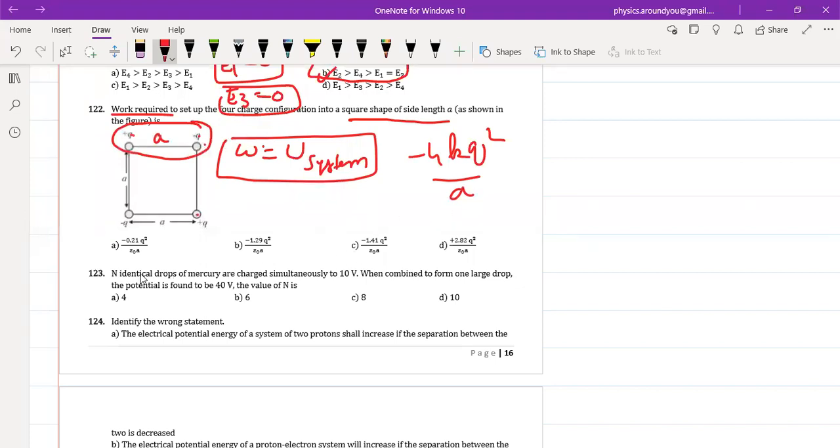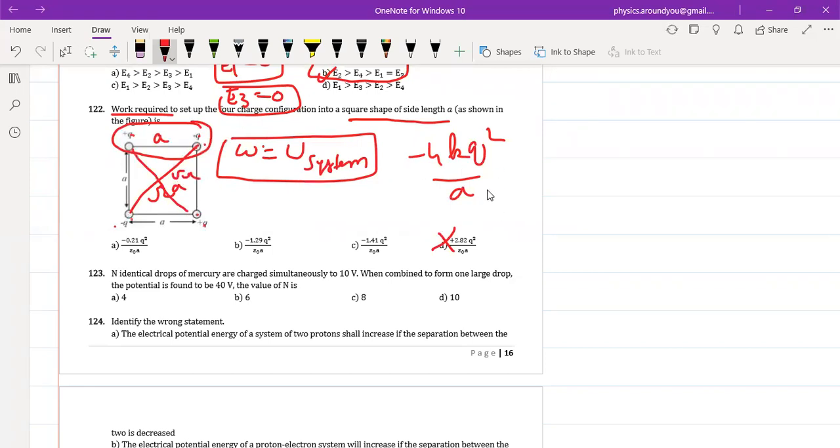The option should be in negatives, right? So I can eliminate D. Either it is A, B, or C. And then there is more. It is K into minus Q into plus Q by root 2A, plus K into plus Q into minus Q by root 2A, plus K into plus Q into plus Q by root 2A.